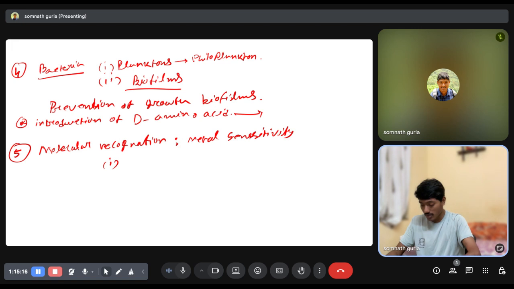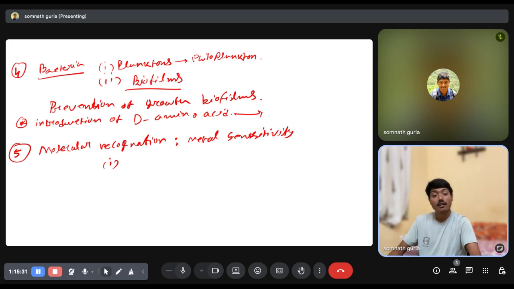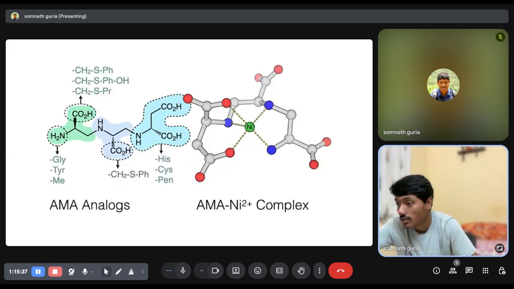The same has been found in siderophores, in bacterial cells. We have the structure over here.